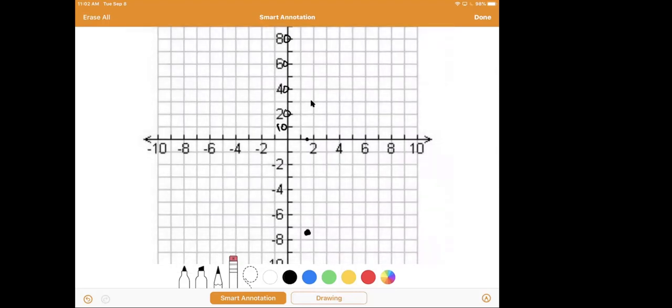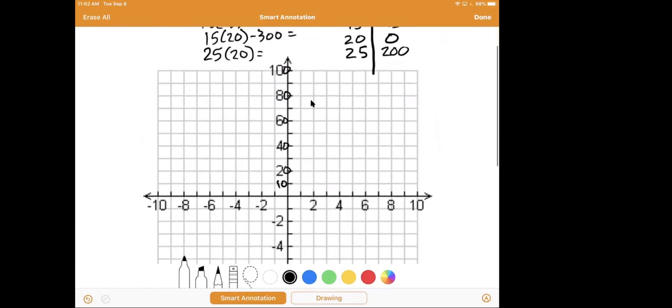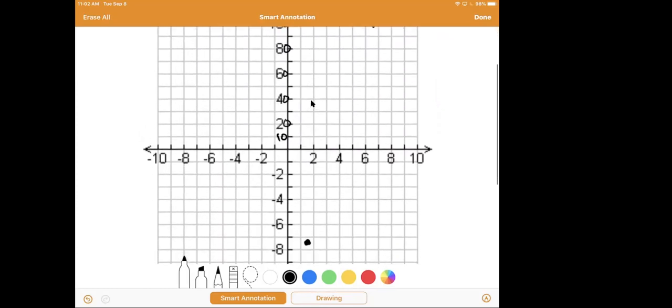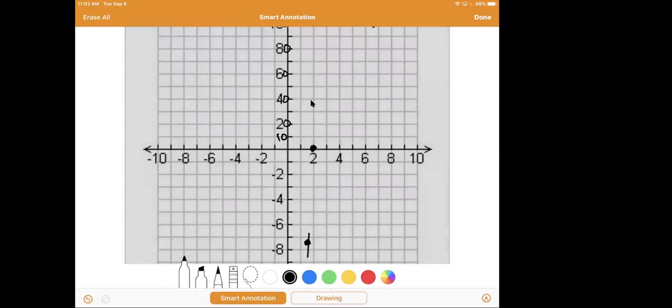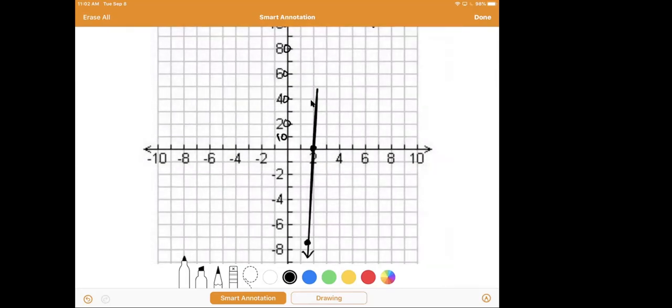And then we're going to graph 20, 0. 20, 0 is right there. Wow, this is a very steep line. It's easy to see why it goes off the graph so quickly. That's the line that we're asked to graph.